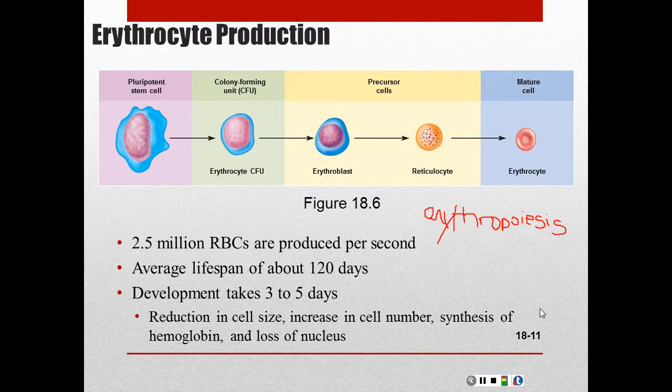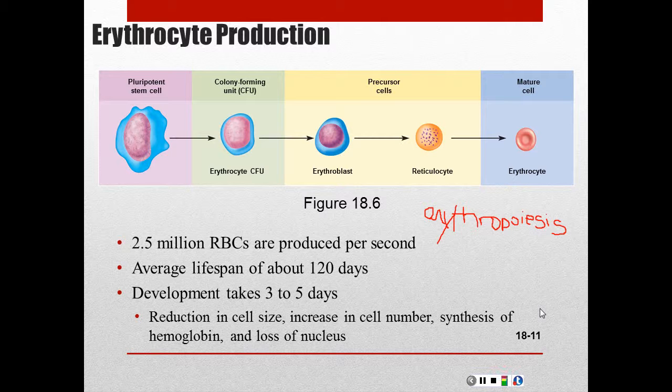Now, it begins when the hematopoietic stem cells in the bone marrow become an ECFU, which is erythrocyte colony forming unit, which has receptors for the hormone erythropoietin.